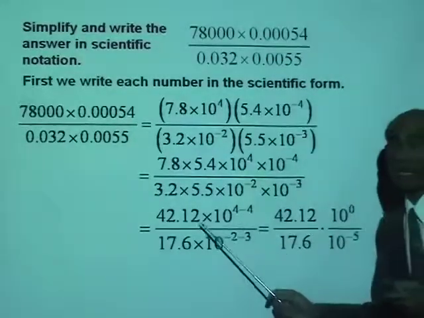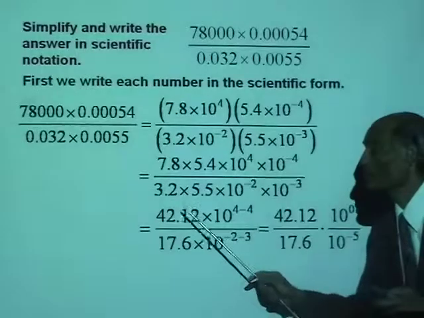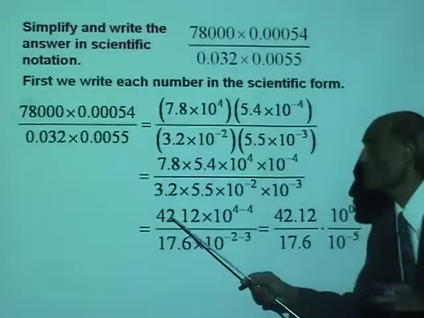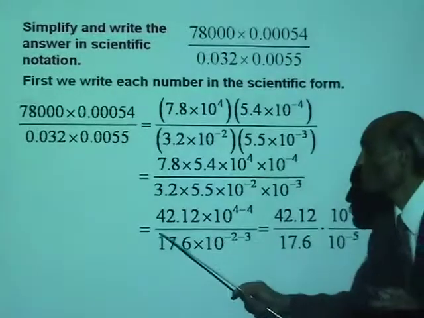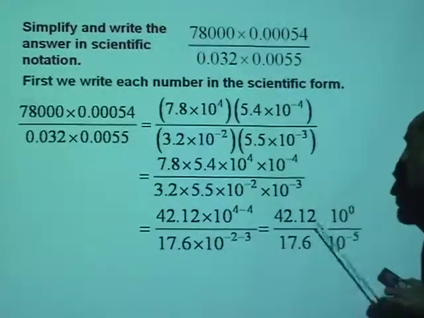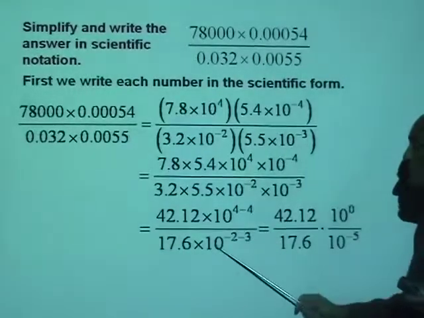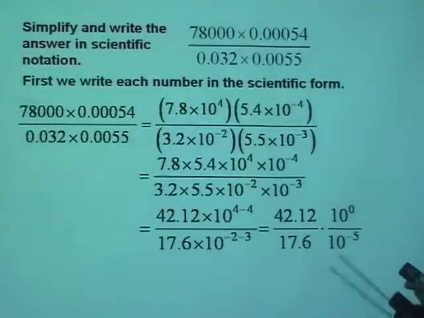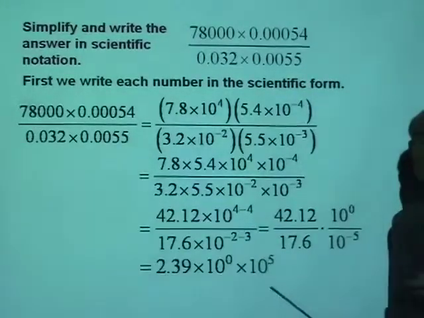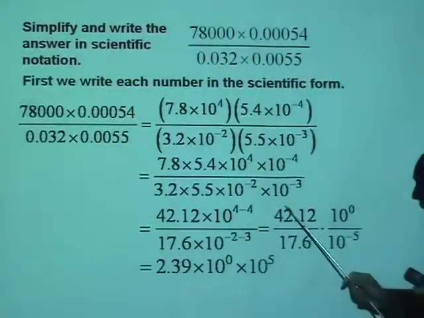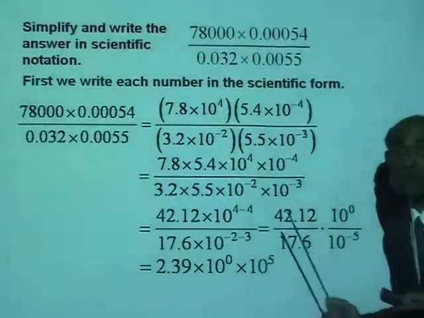So one more time. Break it into 2 blocks. The first block is 42.12 divided by 17.6 multiplied by 10 to the power of 0 divided by 10 to the power of negative 5. What will be the next one? Well, I did this one. Remember, you need to do a lot of work in here.